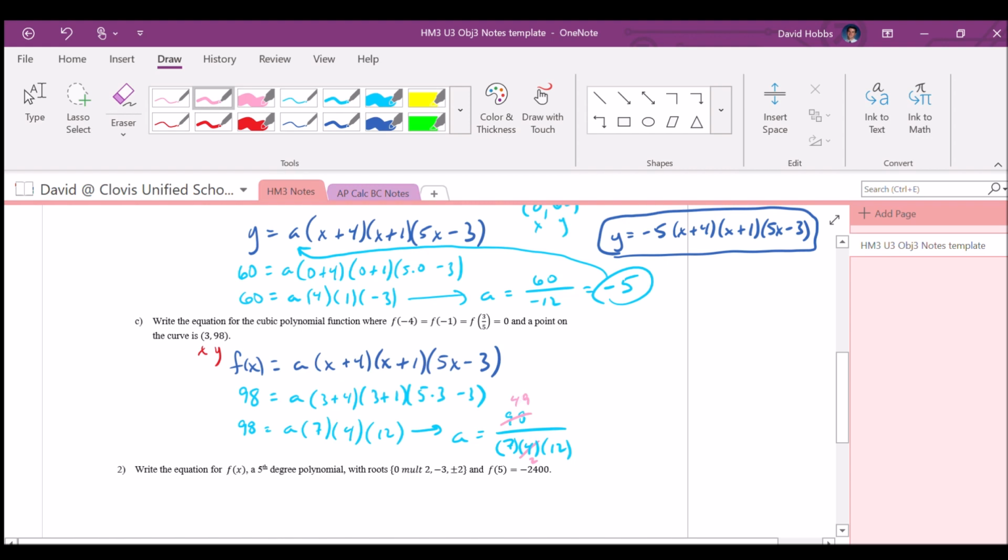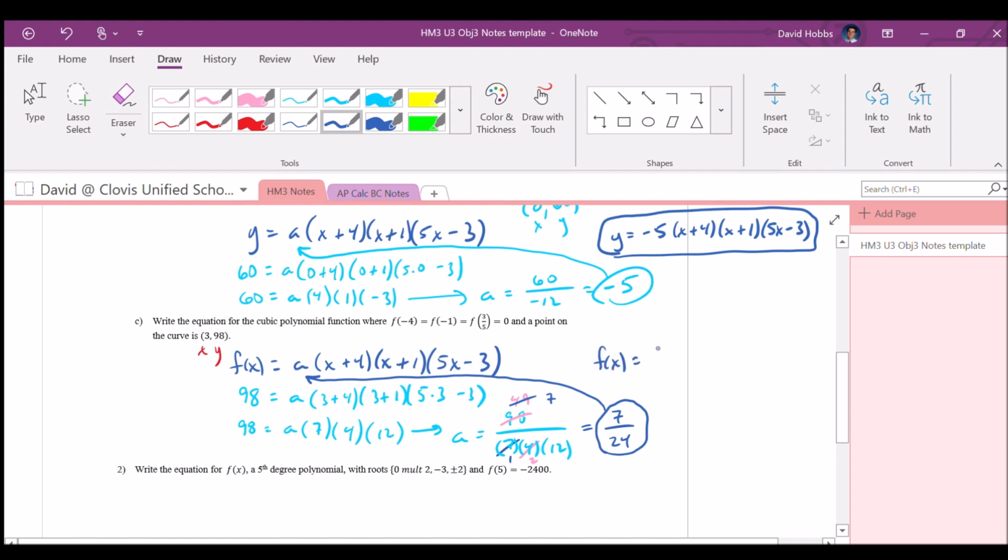And 49 goes in, we've got 7 into itself once, and 7 into that 7 times. Let's see, this is not going to reduce anymore. So a is 7 over 2 times 12, so 7/24. And so if we replace the a with 7/24, we will be done.